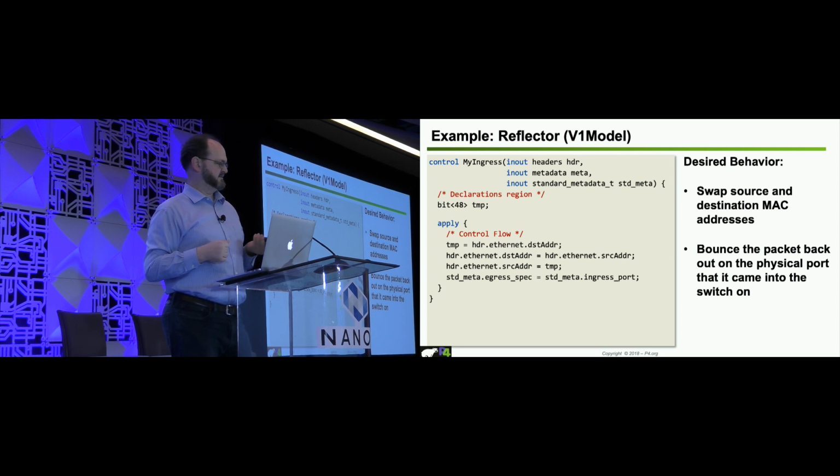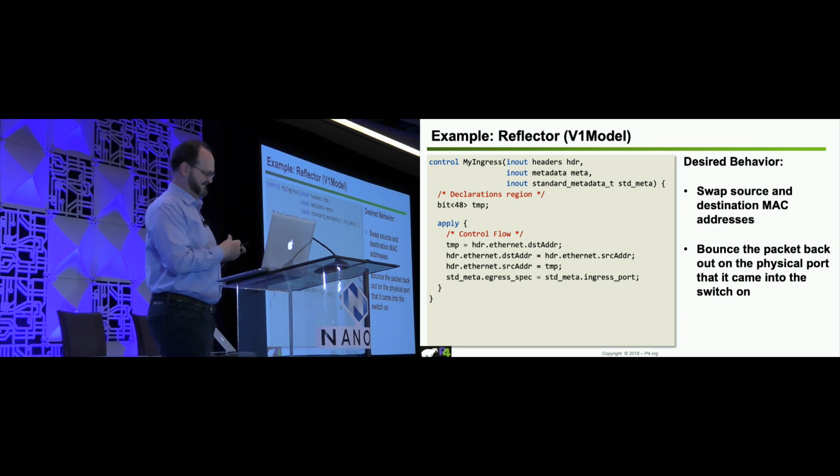We assign the source address into the destination address, then assign into the source address the saved destination address from temp. And then we set the egress spec, the desired output port, to be the ingress port. So there you go, four assignment statements and a temporary variable. You don't want to spend $2,000 for a device that does only this, but it's something you can start with to say, look, Ma, it did something that I made it do.